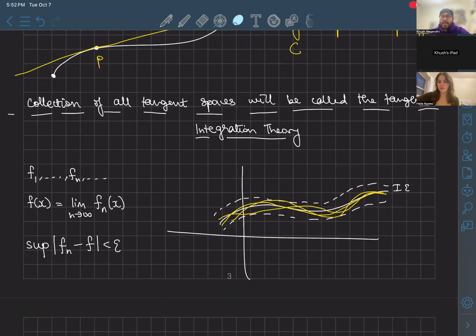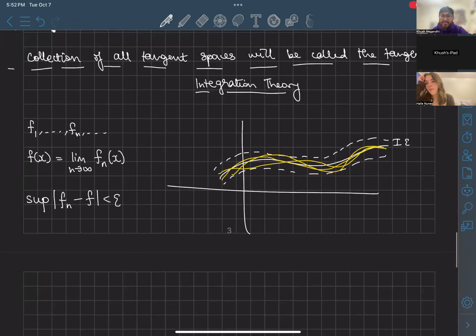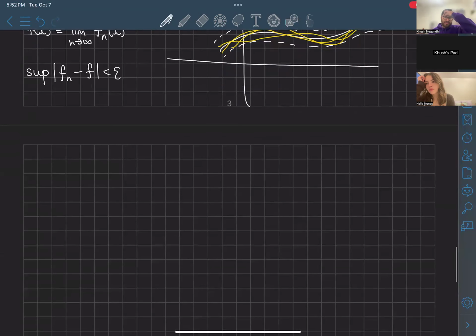As it turns out, the uniform limit of integrable functions is integrable. But being a uniform limit is extremely hard. Let's give an example of a very intuitive sequence of functions that converges to something obvious, but doesn't uniformly converge.